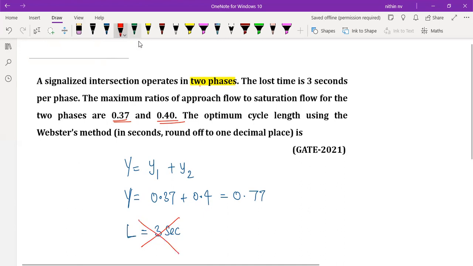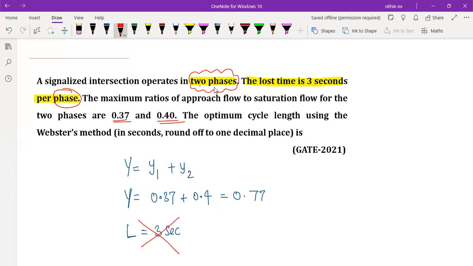Here is the point: this is wrong. Why is this wrong? Properly notice it. What they have given is a lost time of 3 seconds per phase. Have you seen this? Per phase, not per cycle. What was L? L was the lost time per cycle. So in this cycle, how many phases are there? Two phases.